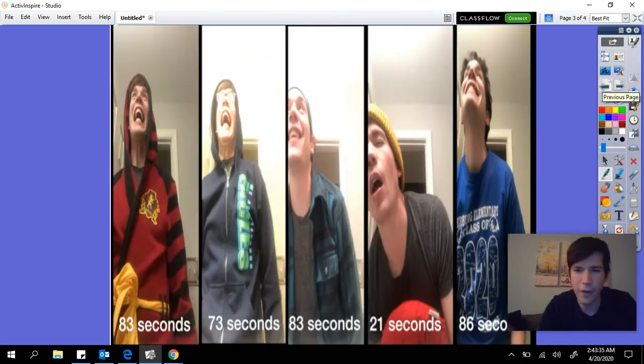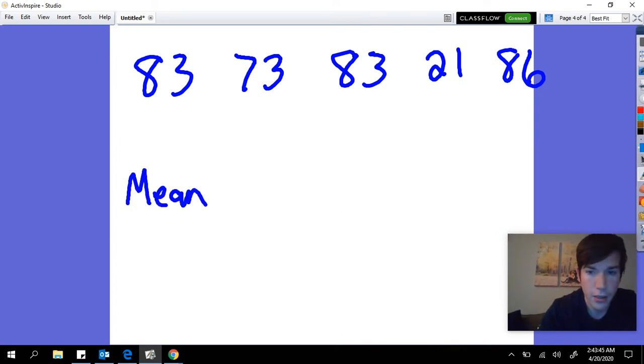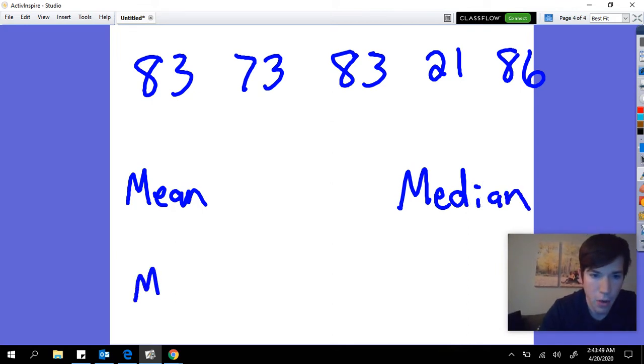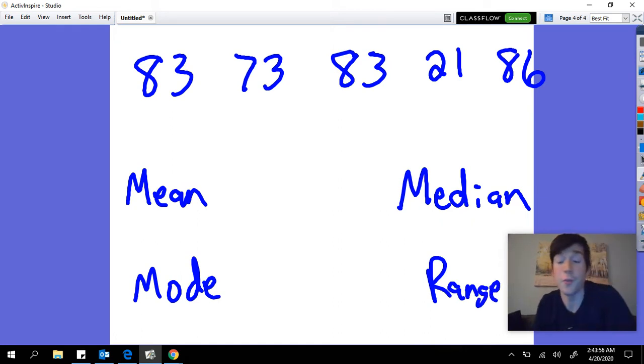So those are our 5 numbers within that data set. Now, in order to find those 4 things, we're thinking about the mean, the median, the mode, and the range.